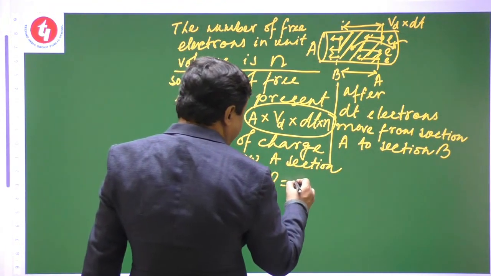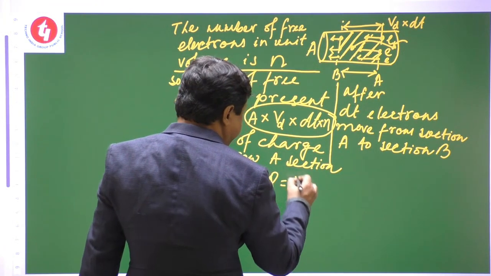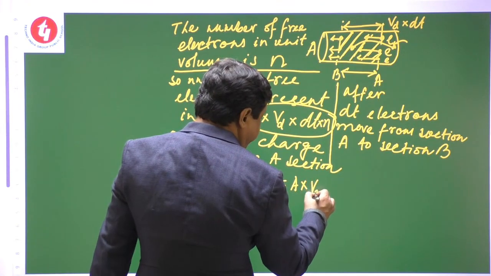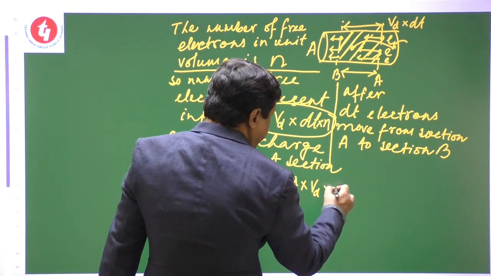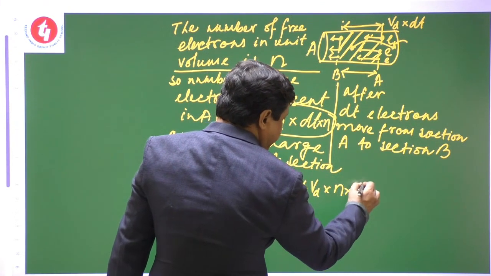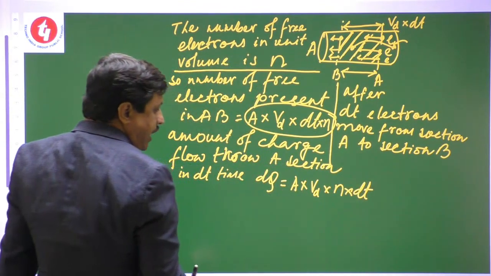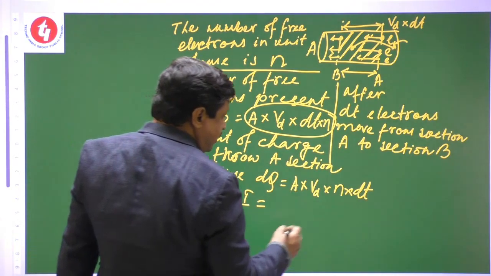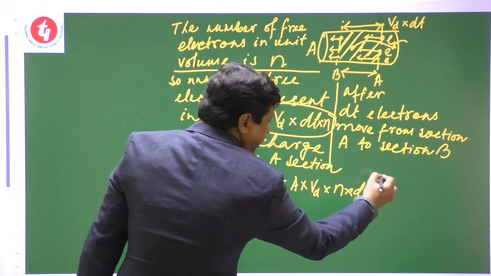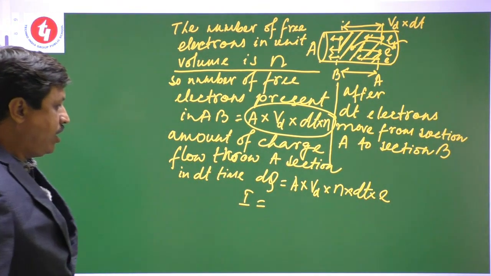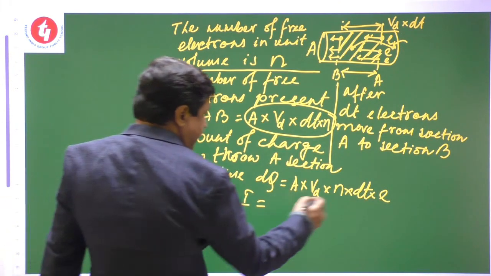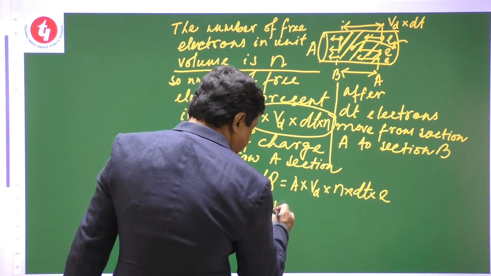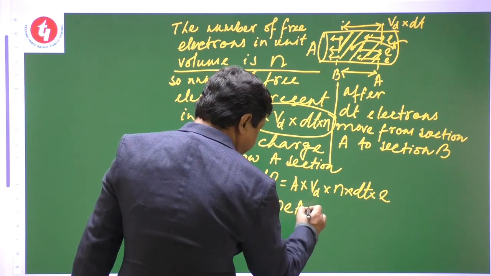So the charge flowing is A into Vd into n into e into dt. And you know that current is basically dq by dt. So dq by dt is current, that will be n e A Vd.